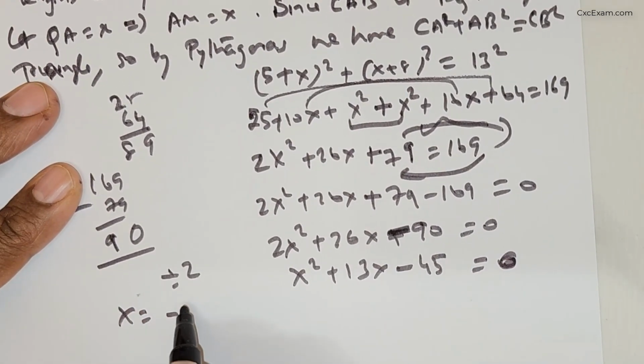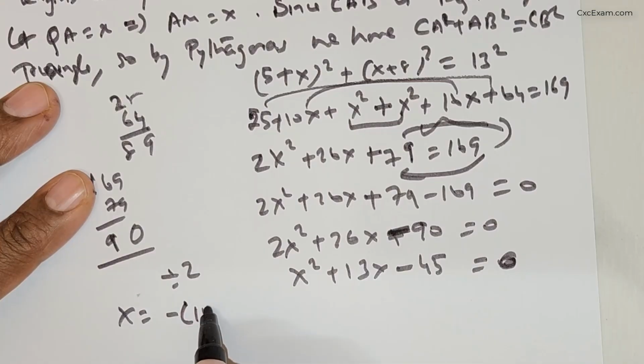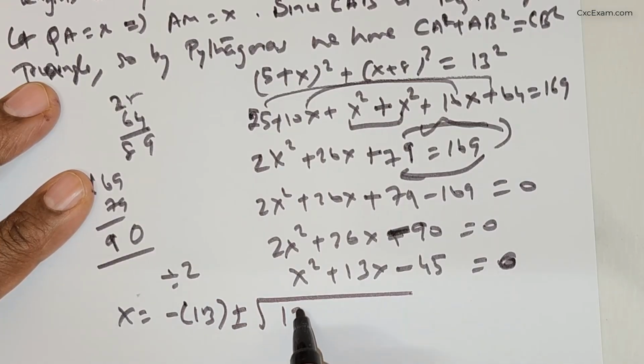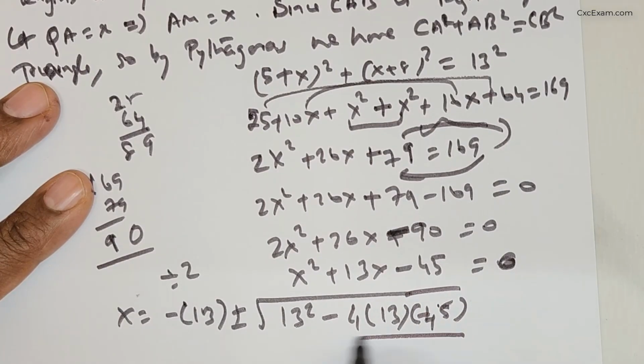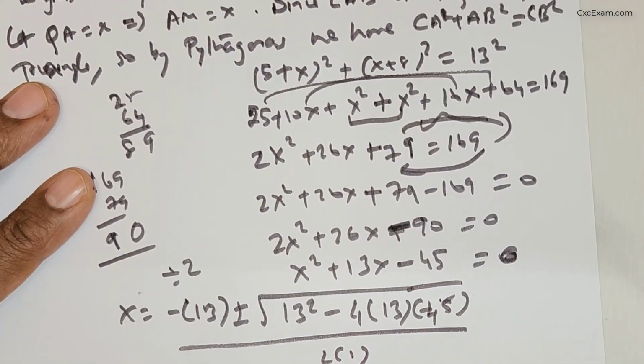So x is equal to, I'm using this formula, negative b plus or minus root of b squared, 13 squared, minus 4 times a times c, divided by 2 times a.